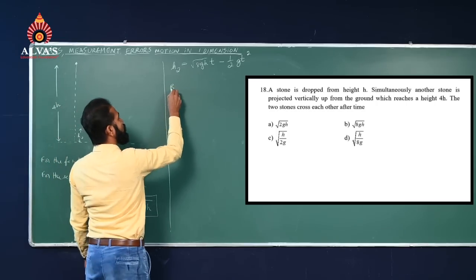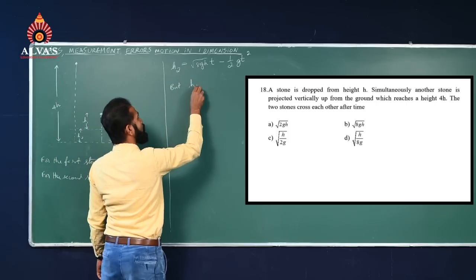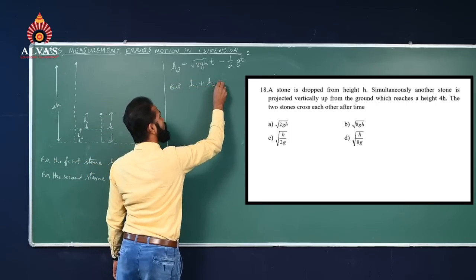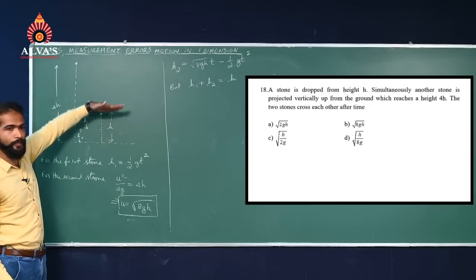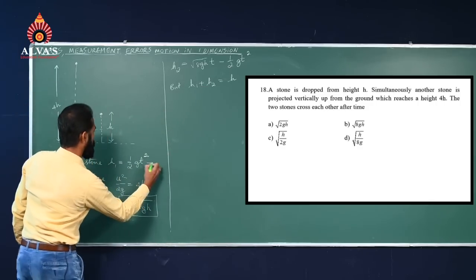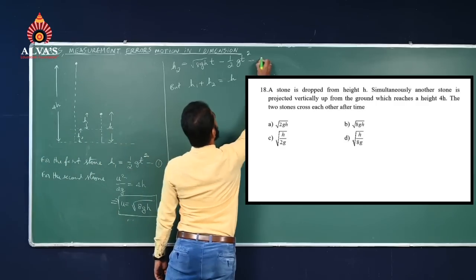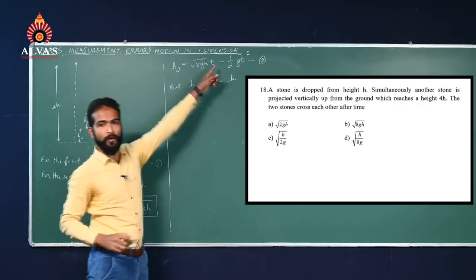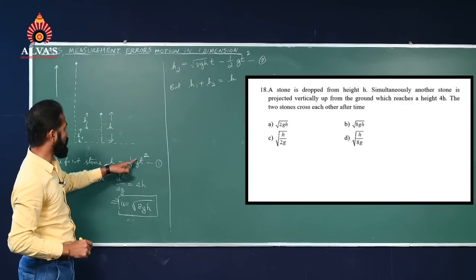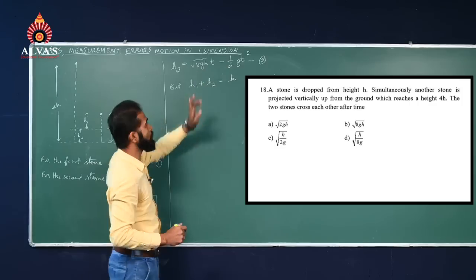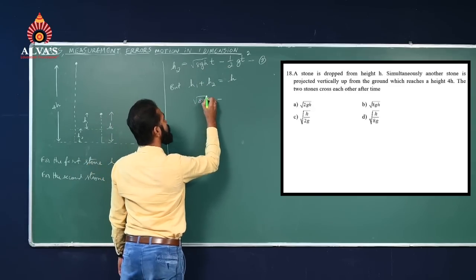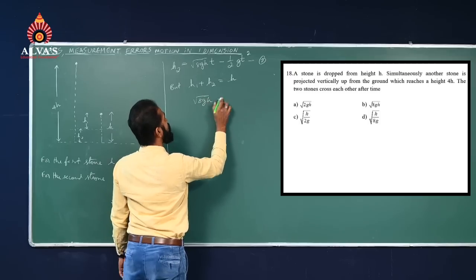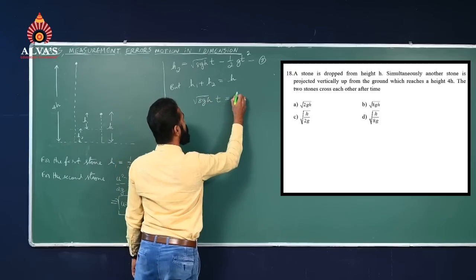But I already told you in the beginning, total height h1 plus h2 will give the height from where the first stone is dropped, that is h. So if you substitute equation 1 and equation 2 in this equation, the half gt square and minus half gt square are going to cancel out. You are going to get only root of 8gh into t, that is equal to h.